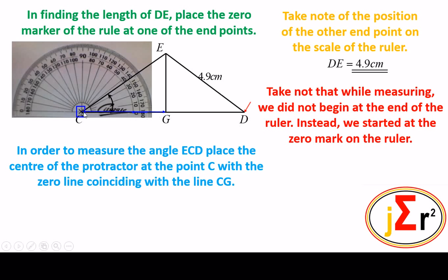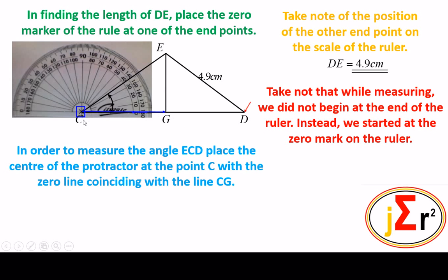It doesn't matter, because the two line segments are in one at the moment and will therefore not affect the size of the angle. So we say that the zero line of the protractor is right on the line segment CG.